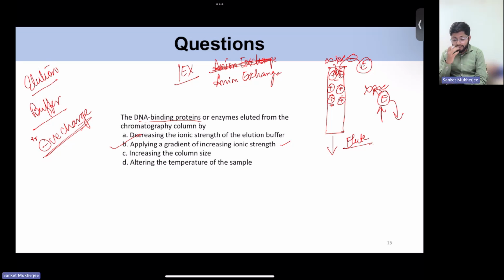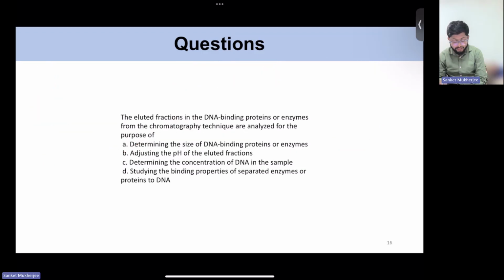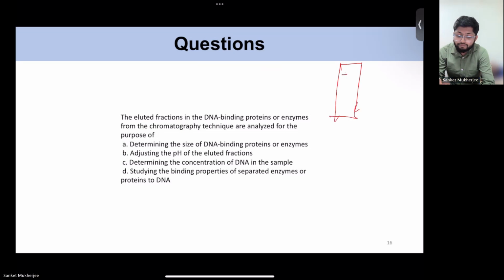Eluted fractions of DNA binding proteins or enzymes from chromatography techniques are analyzed for the purpose of determining the size of DNA binding proteins or enzyme, adjusting the pH of eluted fraction, determining the concentration of DNA in the sample, or studying the binding properties of separated enzymes or proteins to DNA. Again, the same principle: DNA binds to the column, and then there is enzyme.